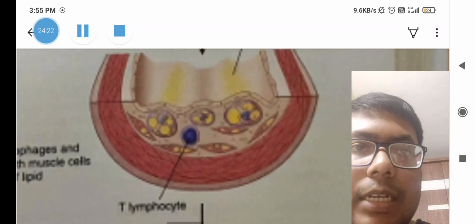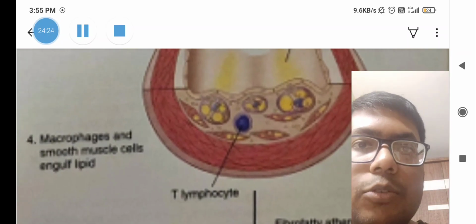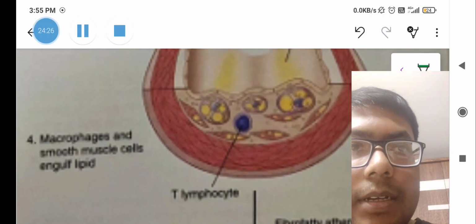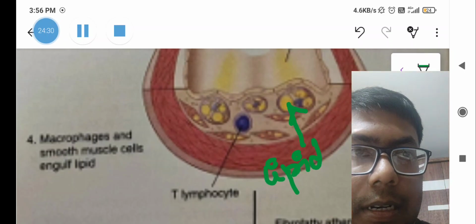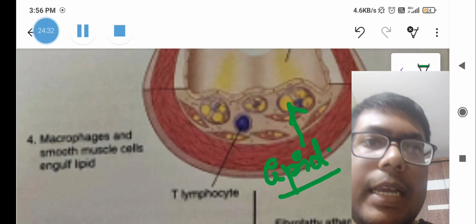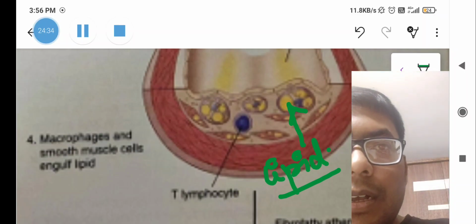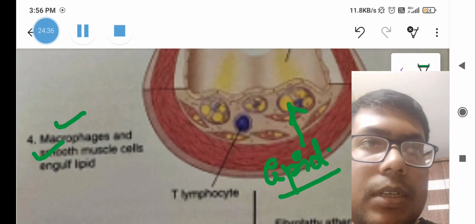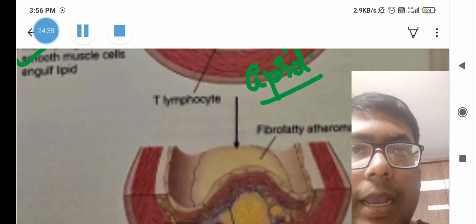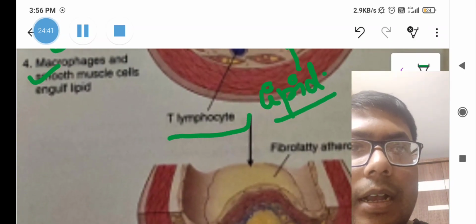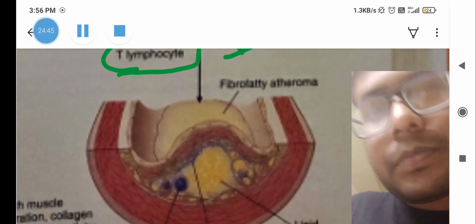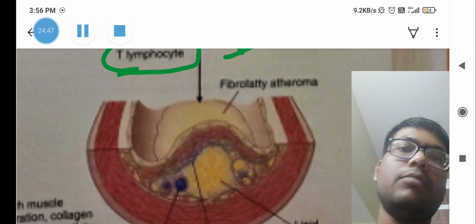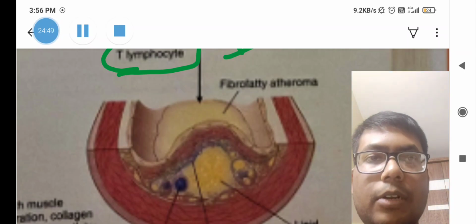After smooth muscle recruitment, the macrophages engulf more and more lipid, and so do the smooth muscle cells. Also T lymphocytes come into action at this stage of the formation of the atherosclerotic plaque.